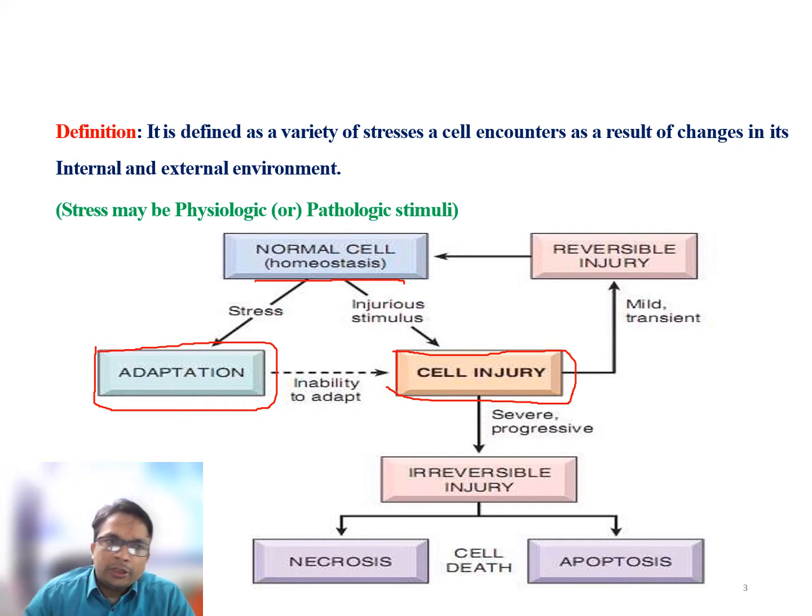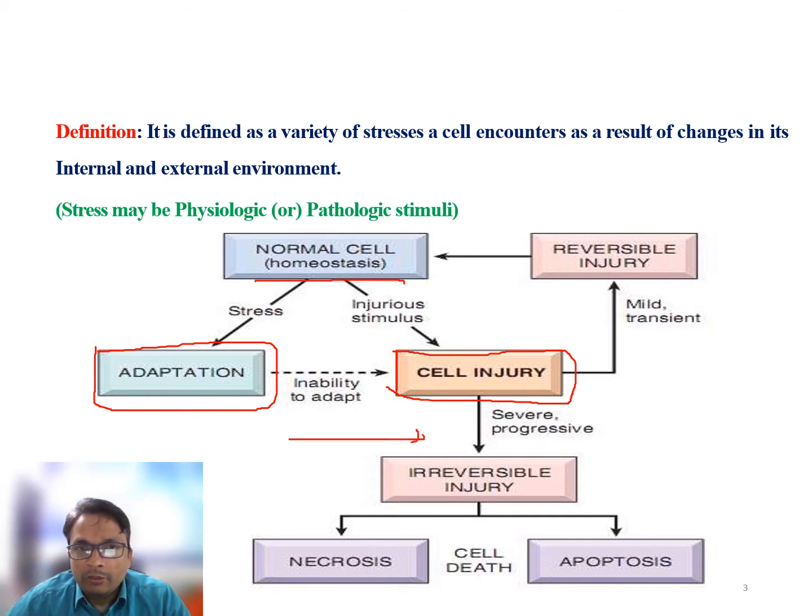But a threshold will be reached within a period of time when the cells are not able to adapt to the condition. This is the inability to adapt, and that contributes to the cellular injury.